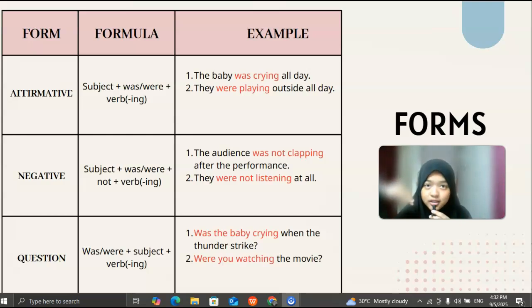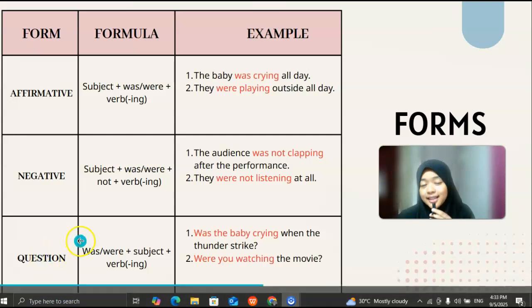And then you guys talk. And then the next day, you guys meet in the classroom, and your friend asks you, were you watching the movie when I called? Okay, so meaning that your friend is asking you about what was happening when she called you. Were you watching the movie when I called?